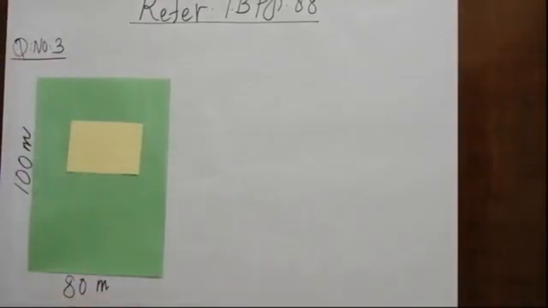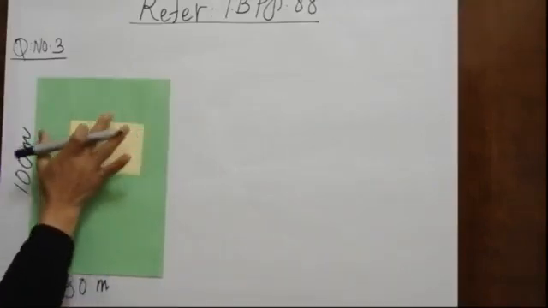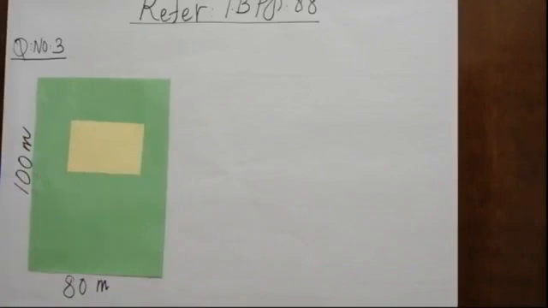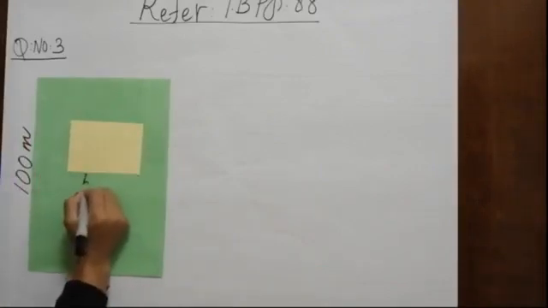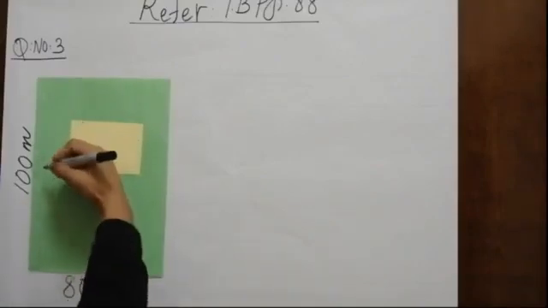This is the first information given in the question. The second one, a portion of the field, this is the portion, measuring 30 meter by 40 meter. So we will write 40 meter, then 30 meter here.